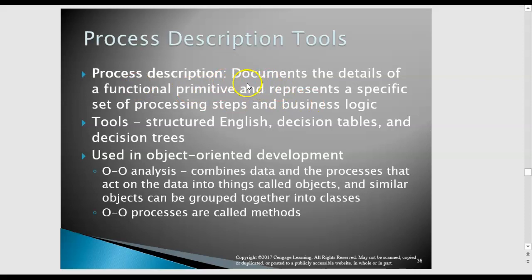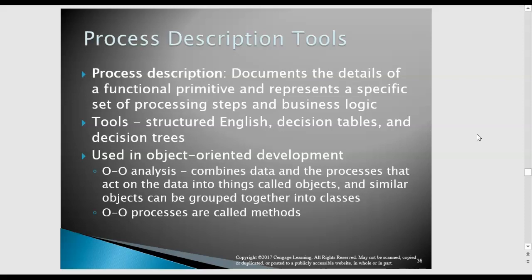Process descriptions are documents that provide details of functional primitives, and they represent specific sets of processing steps and business logic. The tools that are used include structured English, decision tables, decision trees, if statements.